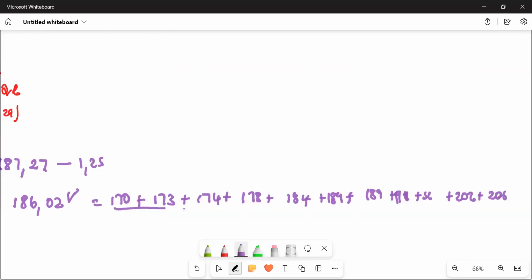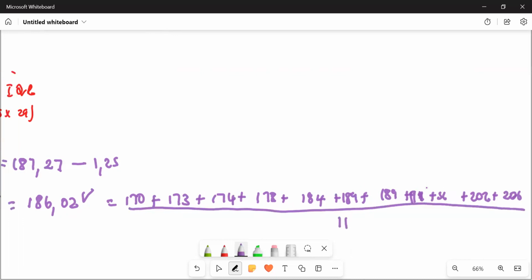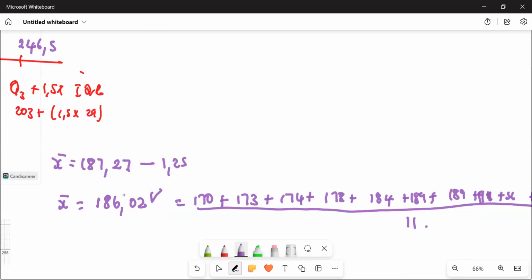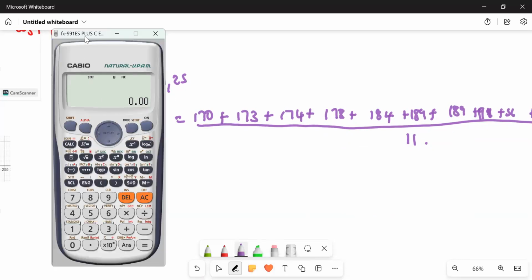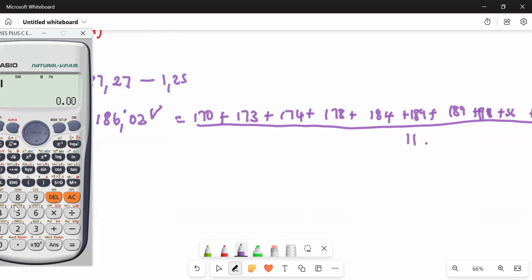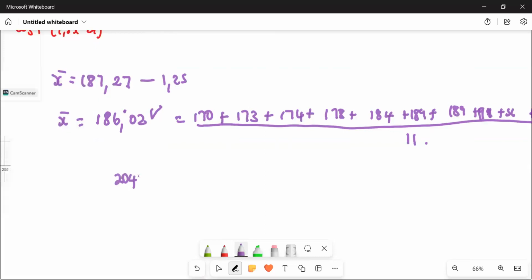This is going to be divided by the number of players, having changed. We still have 11 inside the field. Now this 11 multiplied by 186.02 is 2046.22.